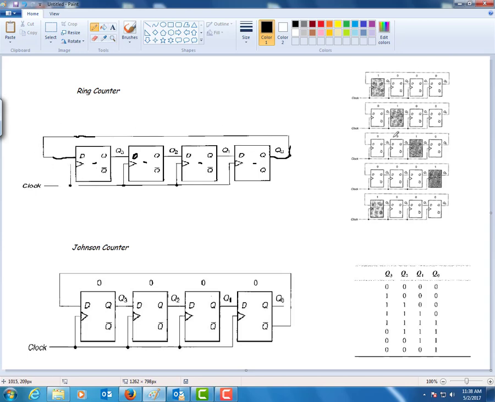Now, this is a representation of this. Suppose this is a 1, in other words, this one right here, the Q output is a 1, and the rest are all 0. That's what they're showing here. Then when you clock it, what's going to happen?